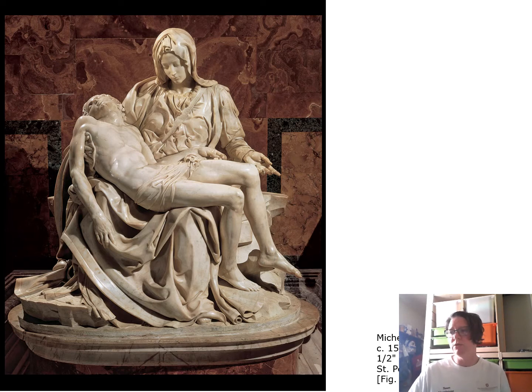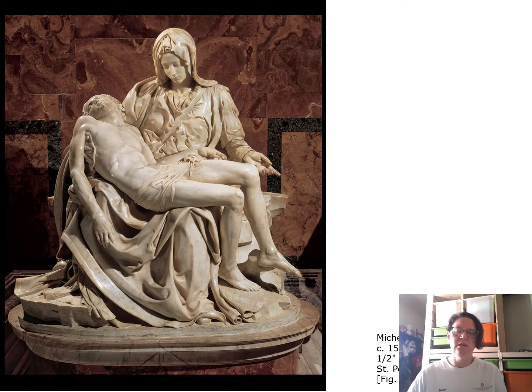This particular work was actually signed by him. It's now at the Vatican, but you can't get close to it. The fame of this sculpture moves Michelangelo to Florence, and that's where he takes over and sculpts the David. But before we move to the David, I want to tell you a little bit more about this sculpture.